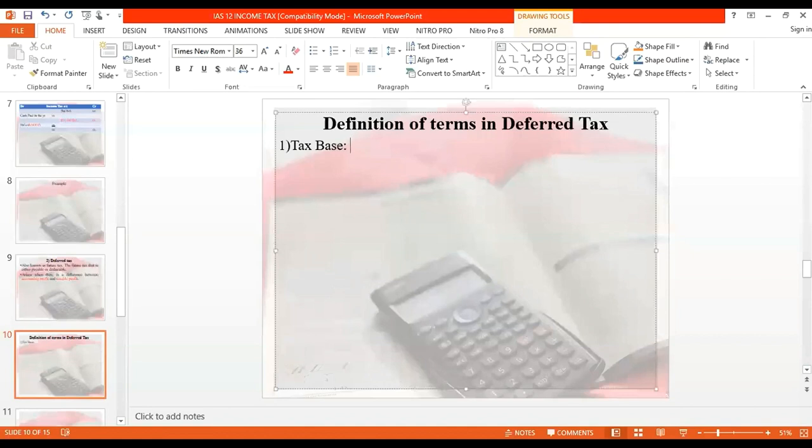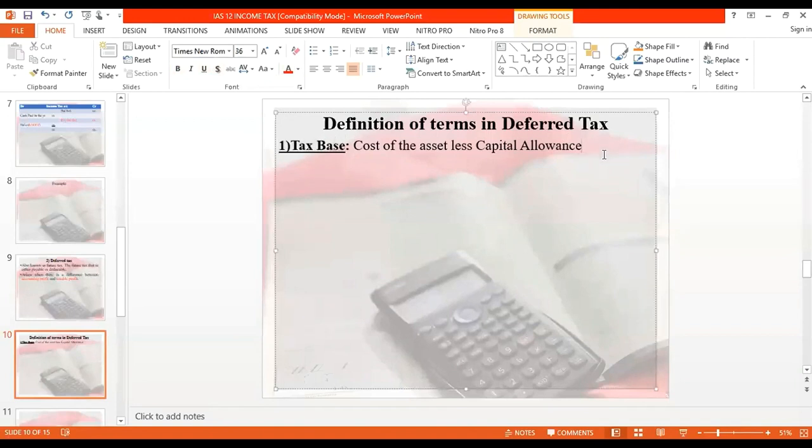This is the cost of the asset less capital allowance. So if you've been asked what a tax base is: tax base is the cost of the asset less the capital allowance.